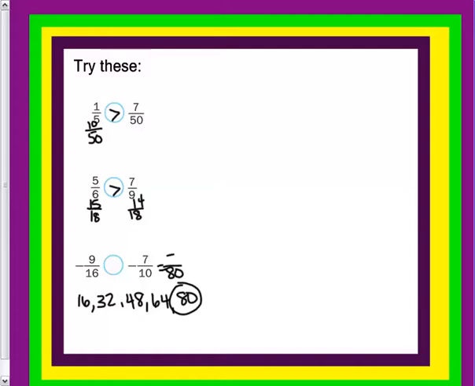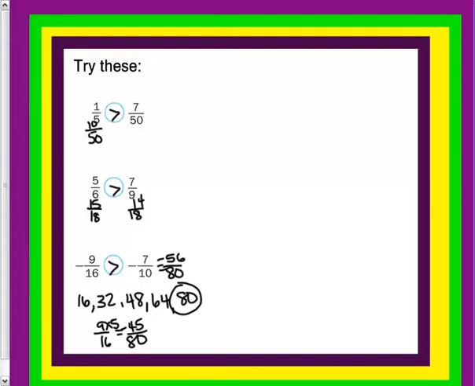So if I multiply 8 times 7, I get 56, but these are negative, okay? So 9 over 16, if I simplify that to 80, I'm multiplying by 5. If you see that, 1, 2, 3, 4, 5. 9 times 5 is going to give me 45. So would you rather be a negative 45/80ths or a negative 56/80ths? I would rather be a negative 45.